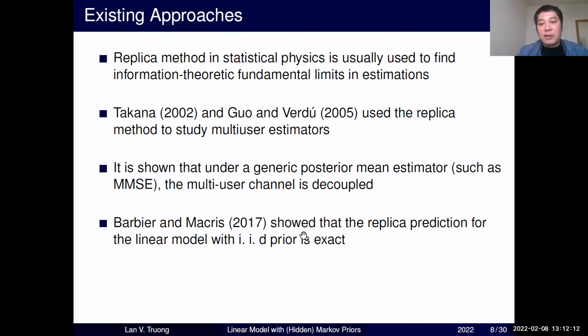This means that they used a mathematically rigorous analysis to show that the replica prediction for the linear model with IID prior is correct. So we can use the replica prediction for the linear model. However, their proof only applies for the IID prior. And in this work, we work with the case where the signal is correlated.